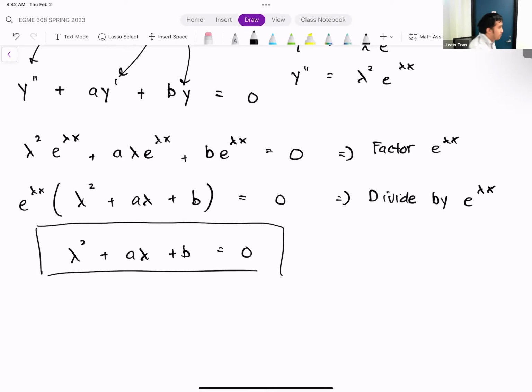Let me go ahead and box this guy. All right. And so what I boxed right here is something that we're going to be calling the characteristic equation. So we're going to be using this a lot to solve our second order equations.